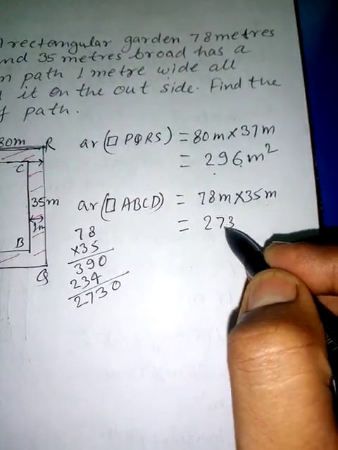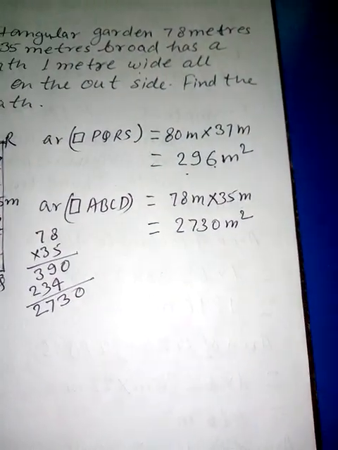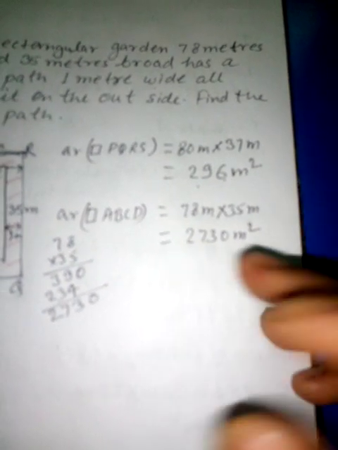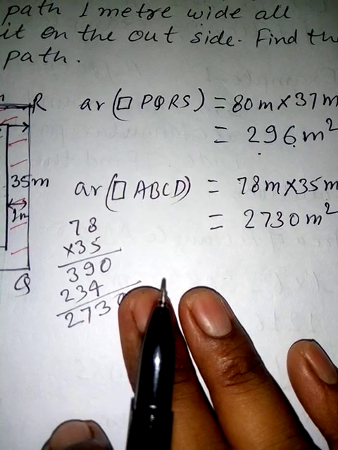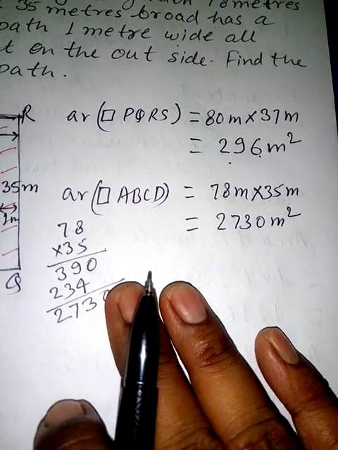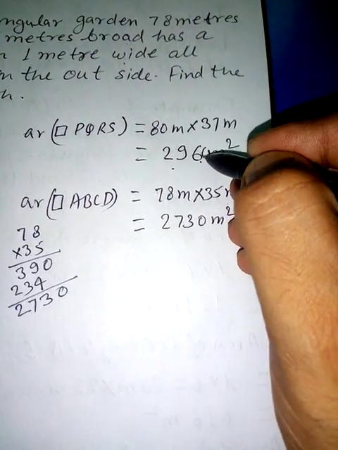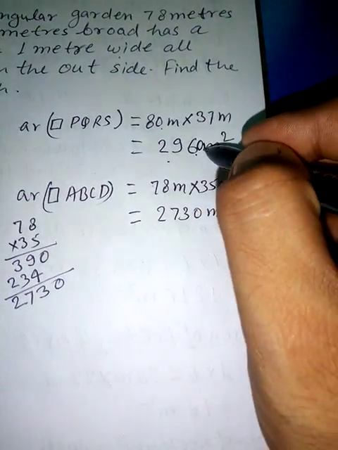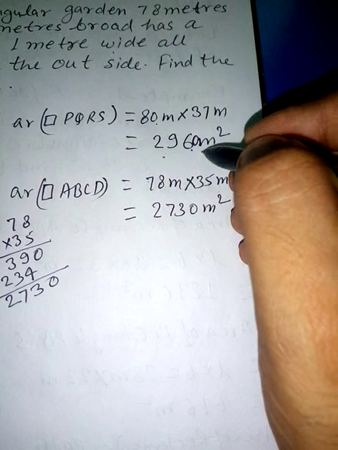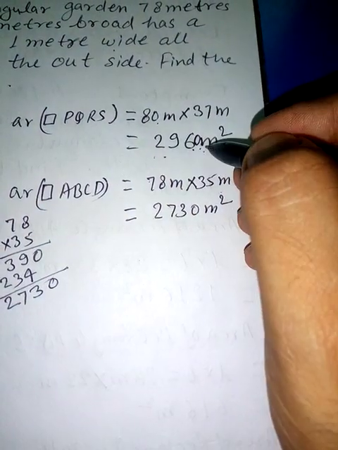That gives 2730 meter square. Multiply clearly, don't take any chance. Simply.